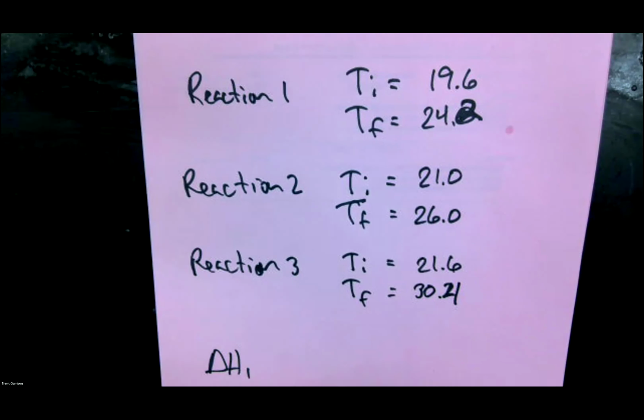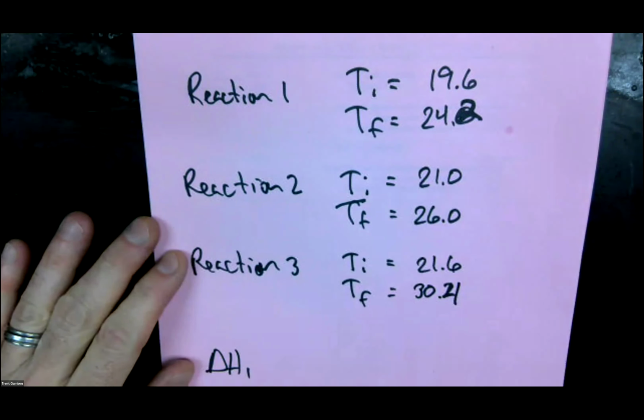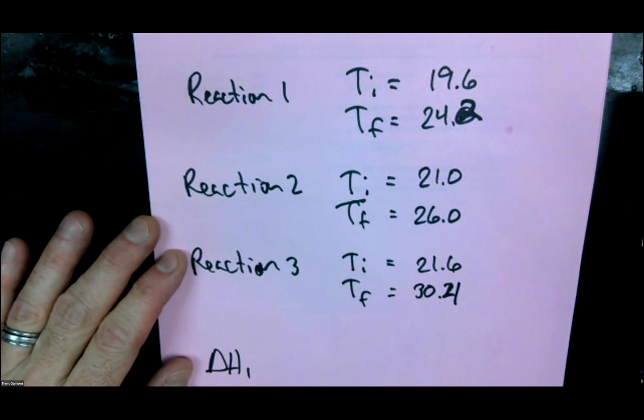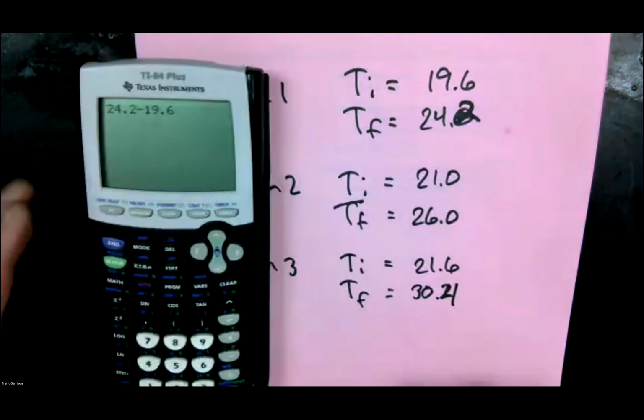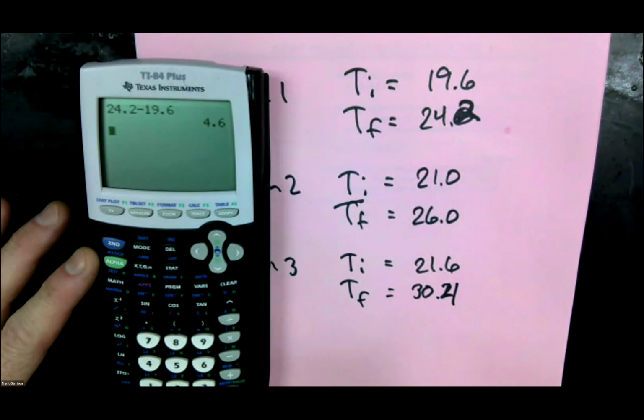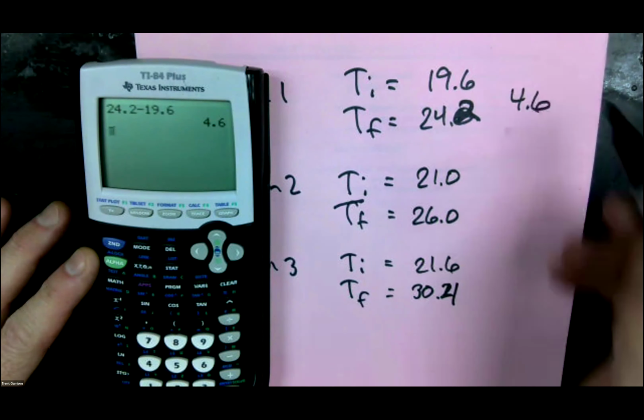Okay, now here we go. Here are all of our data points that we just collected. So we are going to go ahead and convert these into delta Ts. So 24.2 minus 19.6. I'm doing this on my calculator right here. So my delta T right here is 4.6.